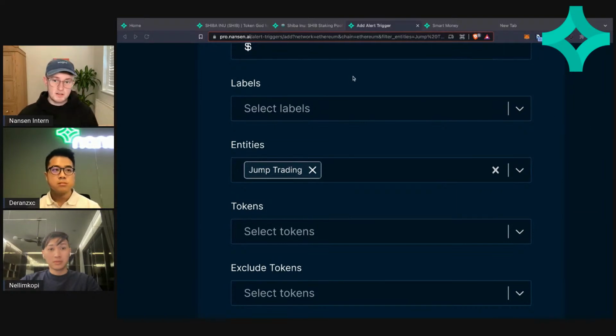So these types of big transactions from big entities are really easy to find if you have Smart Alerts set up on them. And I think we might touch on it later, but they're really, really helpful for NFTs as well. And maybe Nelson will mention you can use it to see if multiple smart money people are minting NFTs.